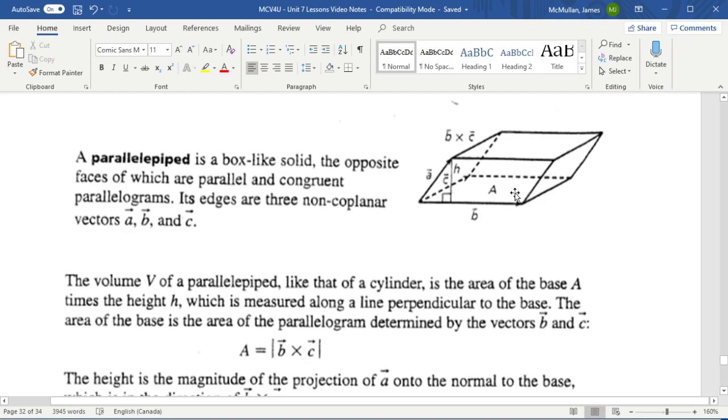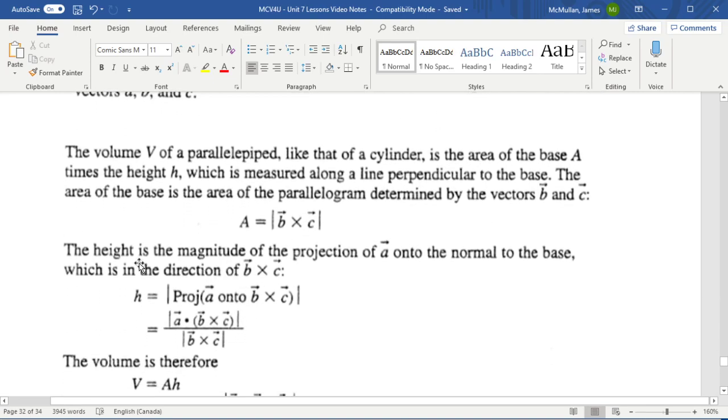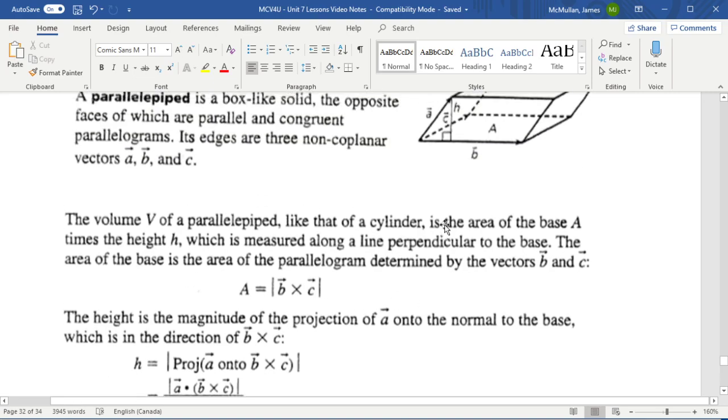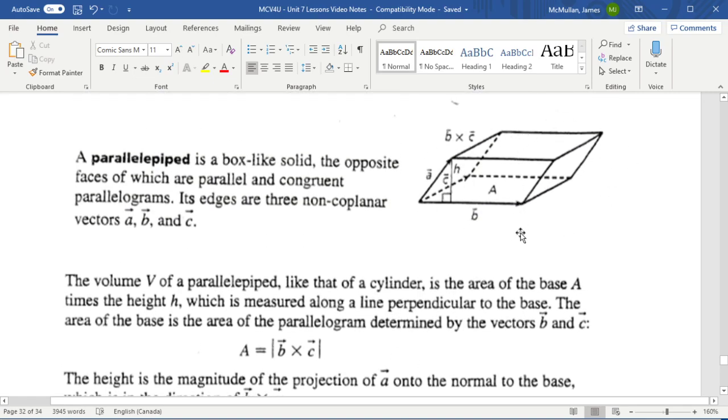So you get the area of this parallelogram here. And then you multiply it by the height of the object. The height of the object is you project the other vector onto the normal.